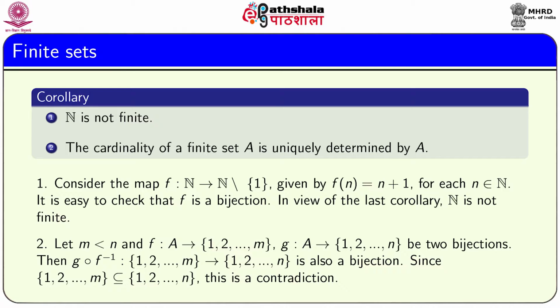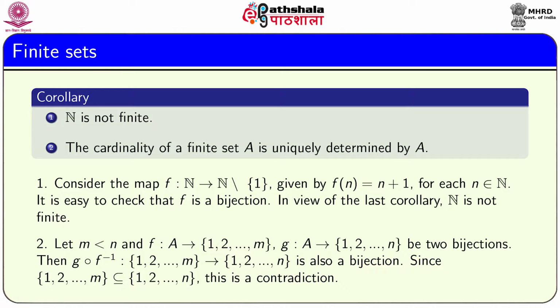Since F is bijective, F inverse exists, and it is a map from the set 1 to m to A. So, the composite G composed F inverse is a map from the set 1 to m to the set 1 to n, and of course, it is a bijection.